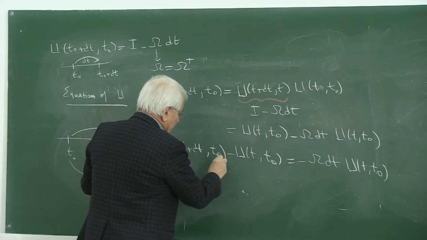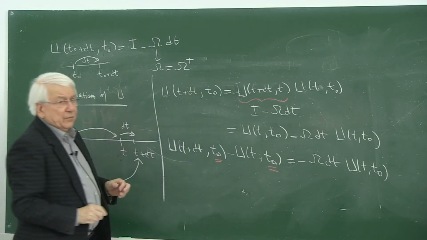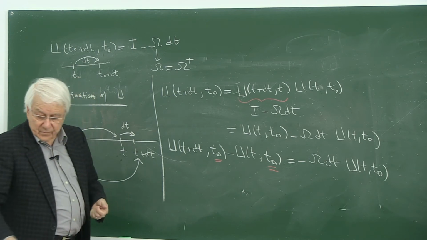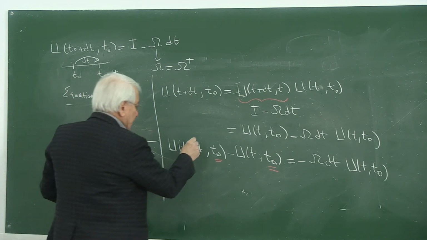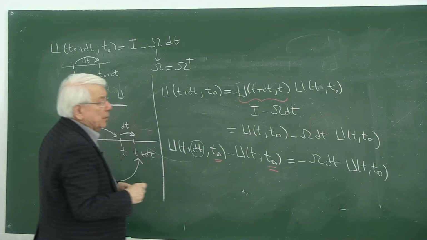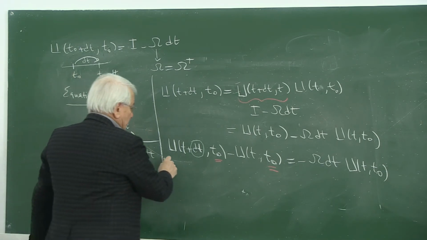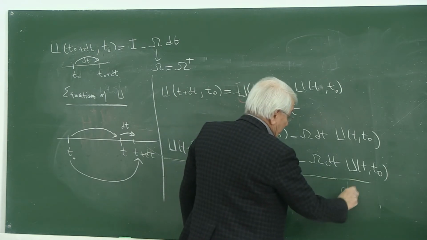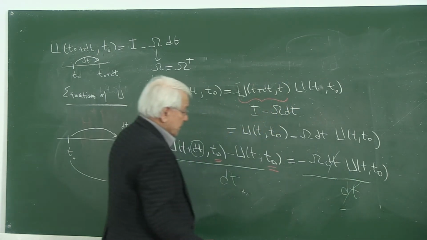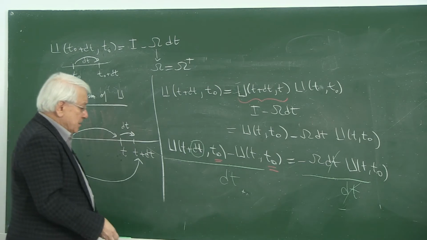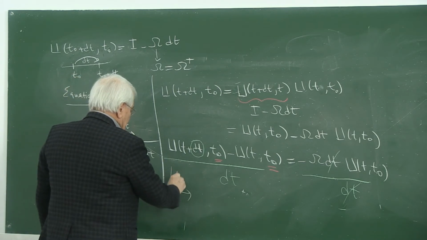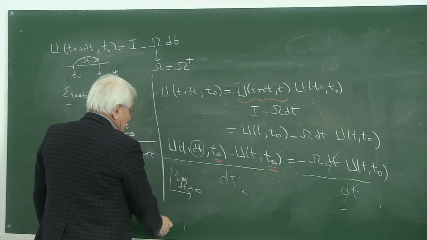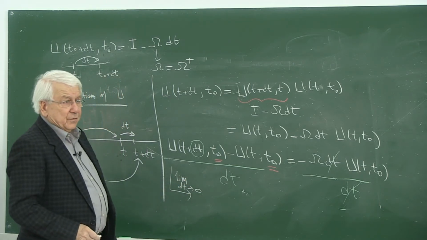Notice that for the left-hand side, for both U entries, the initial points are the same, and the final points differ by this infinitesimal amount. So if I divide both sides by dt, and dt on the right-hand side cancels, and take the limit dt going to 0, the left-hand side is nothing but the derivative, right?